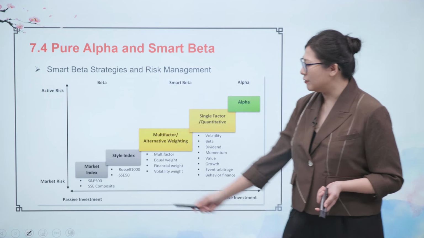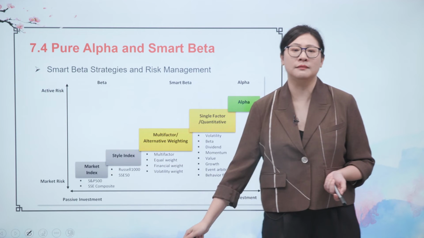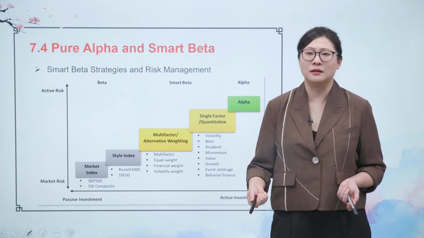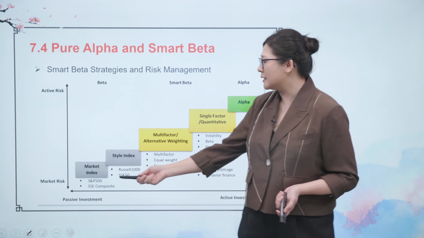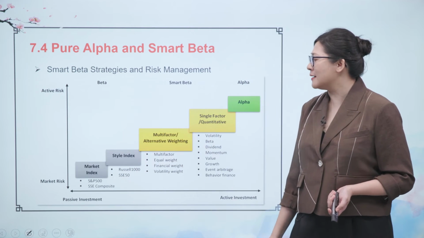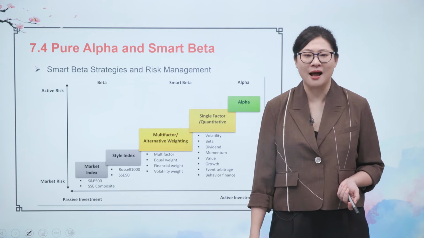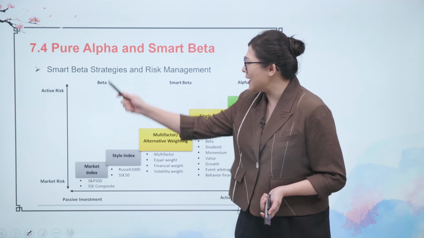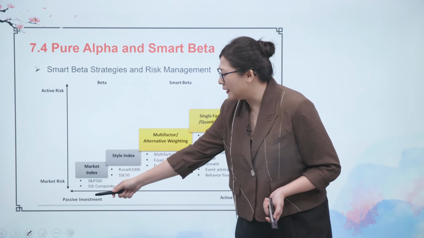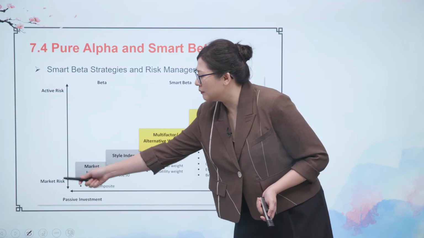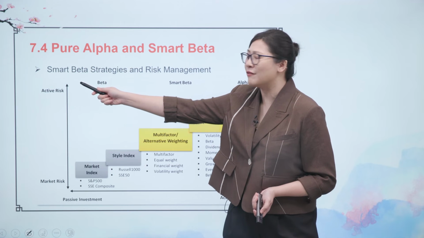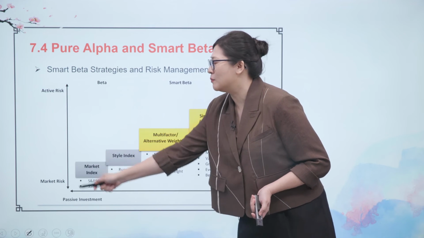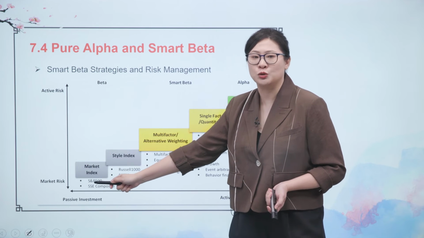The first is the market index, which is generally a broad-based index (宽基指数), such as the S&P 500 and the SSE Composite Index. Using this market index for a beta strategy definitely has market risk, but never has active risk, and this is a passive investment. So this is the beta strategy.